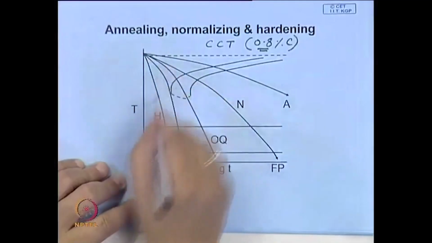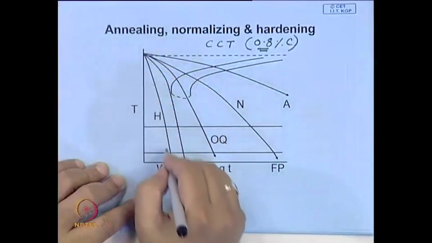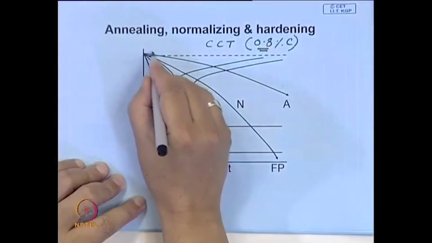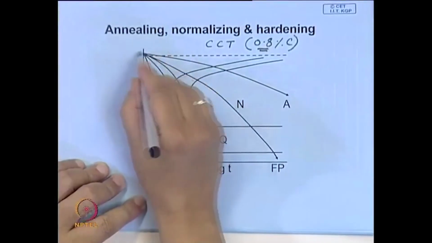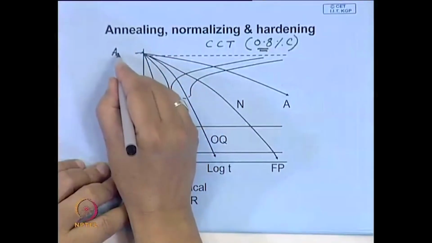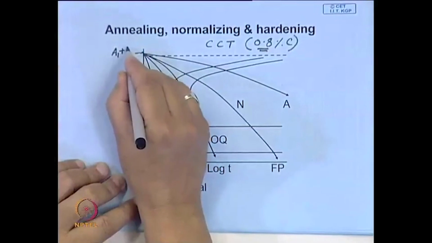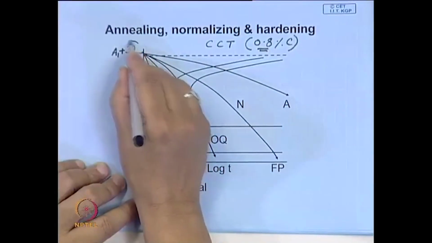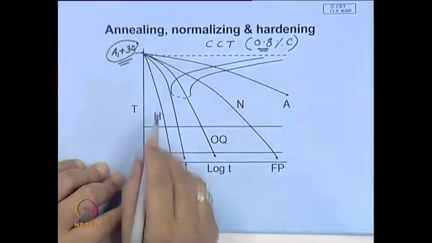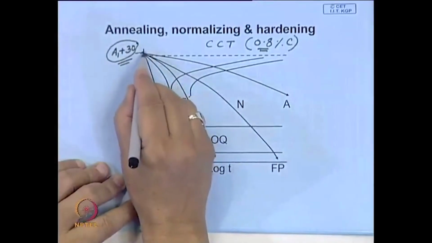Now, in this case you heat the job to a temperature where it transforms into austenite, which is A1 plus around 30 to 40 degree centigrade, and you soak it for sufficient length of time to ensure that the entire steel has been converted into austenite.